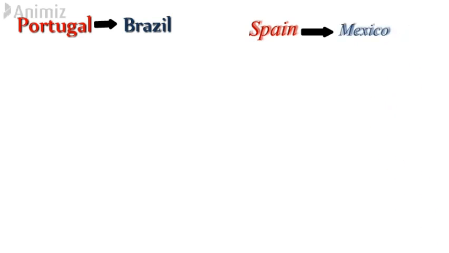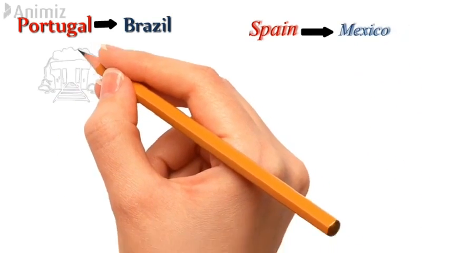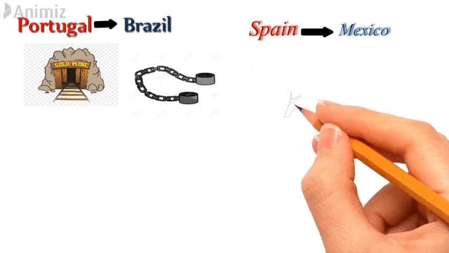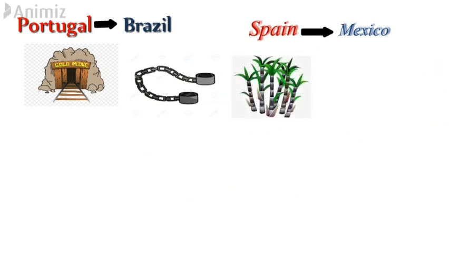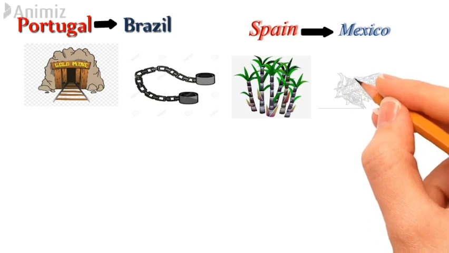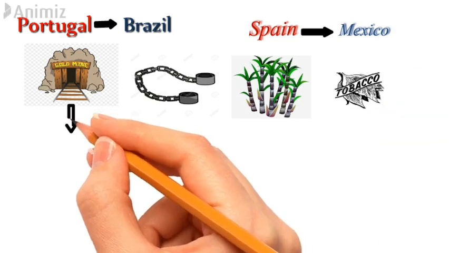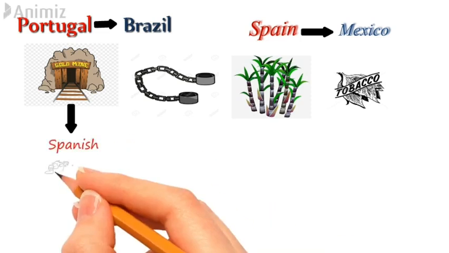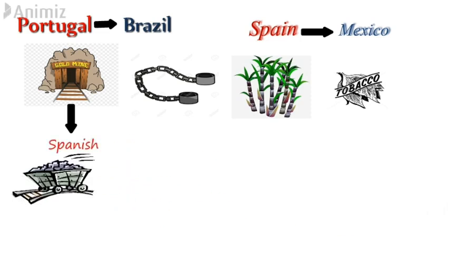They discovered gold mines. Spanish colonizers brought slaves from Africa to cultivate sugarcane and tobacco in the American fields. However, once the Spanish discovered the mines of gold and silver, they concentrated more on mining the precious metals than agriculture.